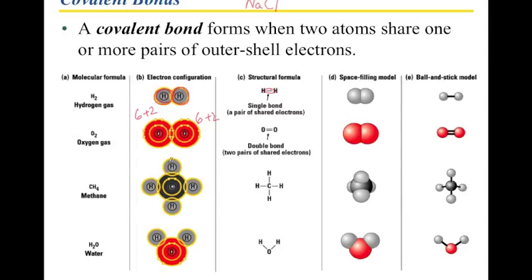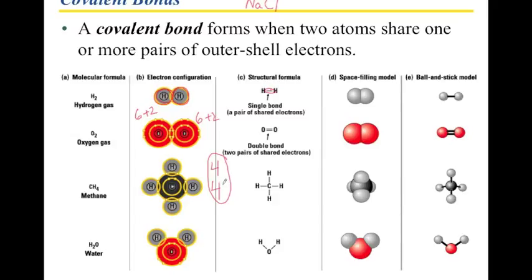So in this case, carbon with 4 different hydrogen atoms. 4 electrons being shared from the hydrogen, 4 electrons being shared from the carbon. That means carbon feels as if it has 8 of these electrons available. So that means for carbon, it feels as if it has its outer shell full.